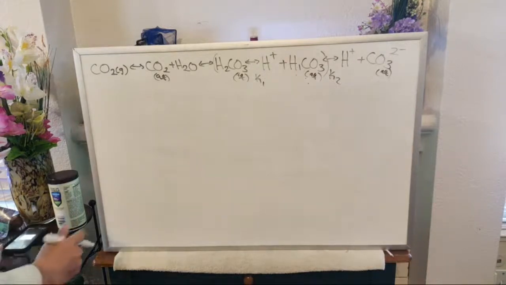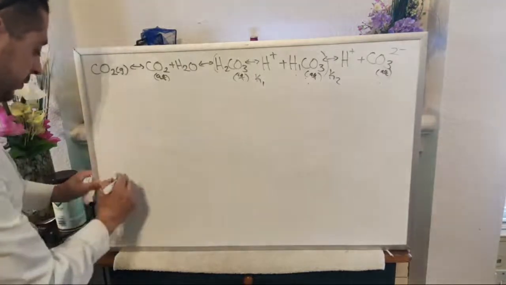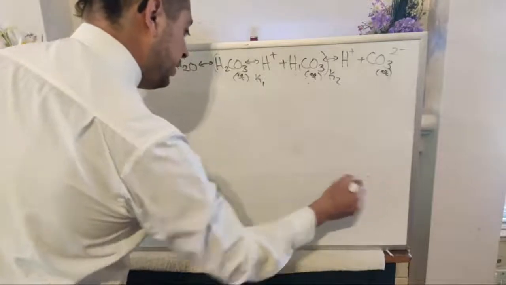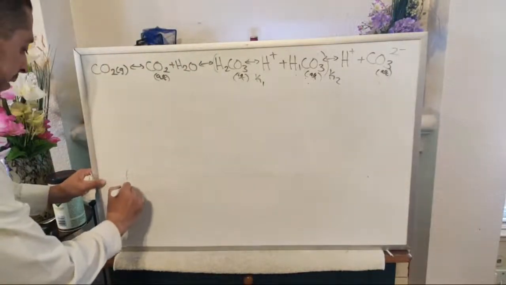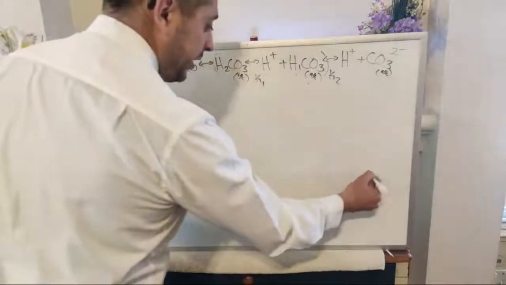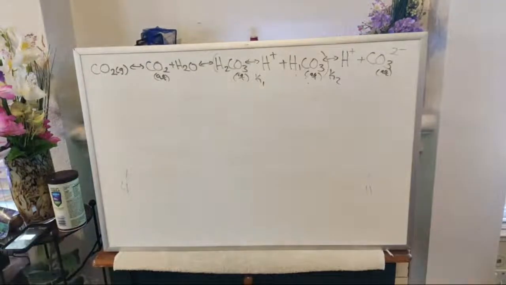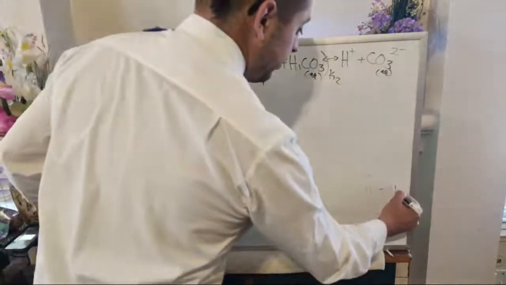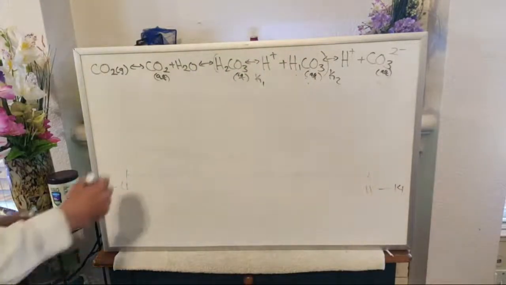4 to 11. All right. So here's the pH scale. I need to get a new marker. So we're gonna start off with the pH of 4 right here, and then 11 over here. All right, guys. So remember, it goes to 0, and then right here it goes to 14. But you don't need to worry about that. You're gonna see why. So I'm gonna draw 2 lines.